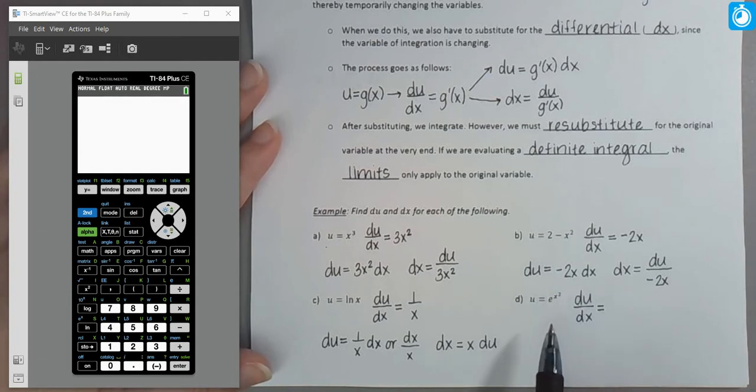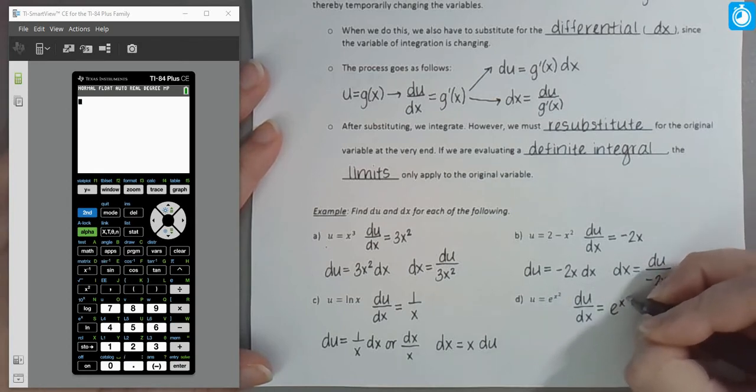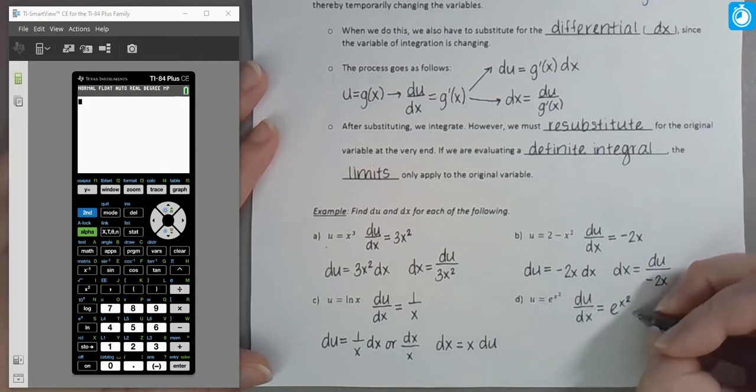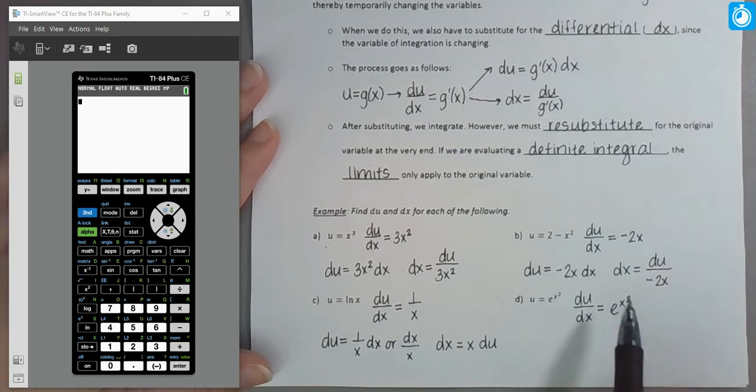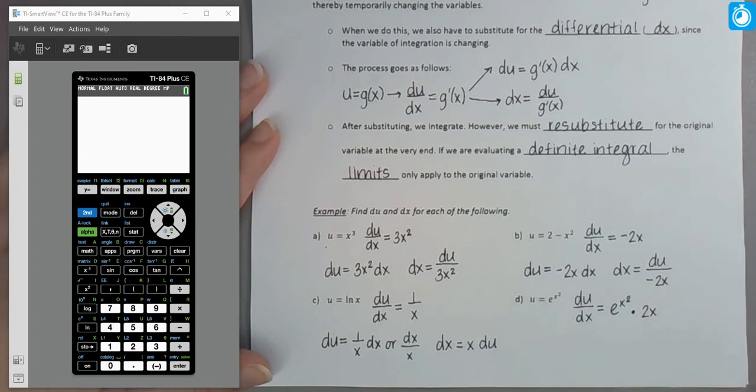Now we know when we differentiate an exponential function with a base of e, it's its own derivative. So the derivative of e to the x squared is going to be e to the x squared. But we know because there's now an inner function other than just x, that we also have to multiply by the derivative of that inner function x squared. And so we're going to multiply by its derivative, which is 2x.